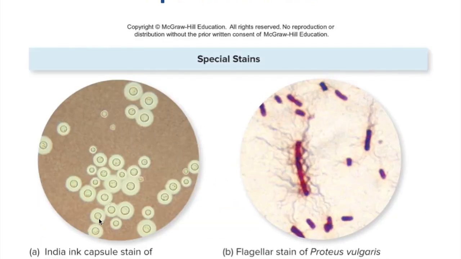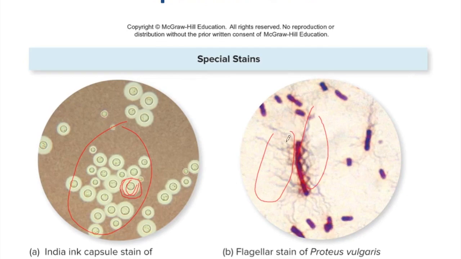So here we can see the capsule stain for Cryptococcus neoformans. This microorganism has a thick capsule. And this is the flagella stain, used to stain the flagella.